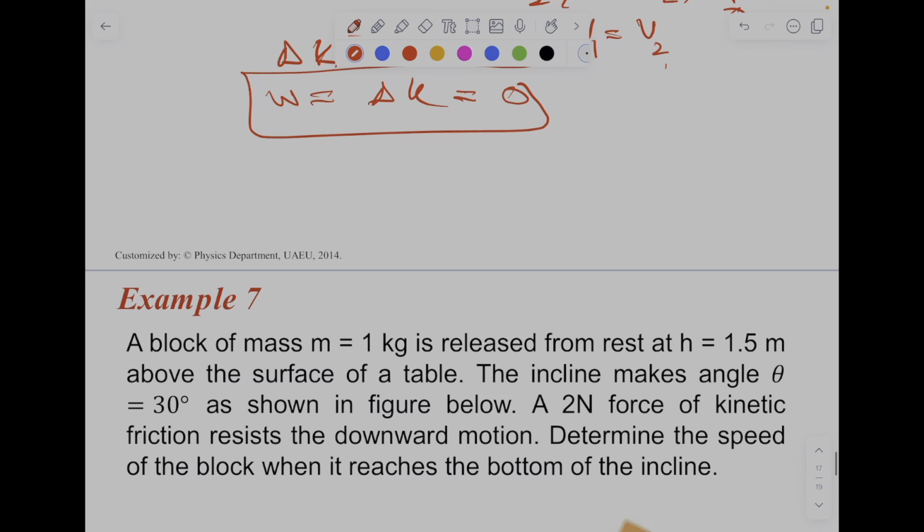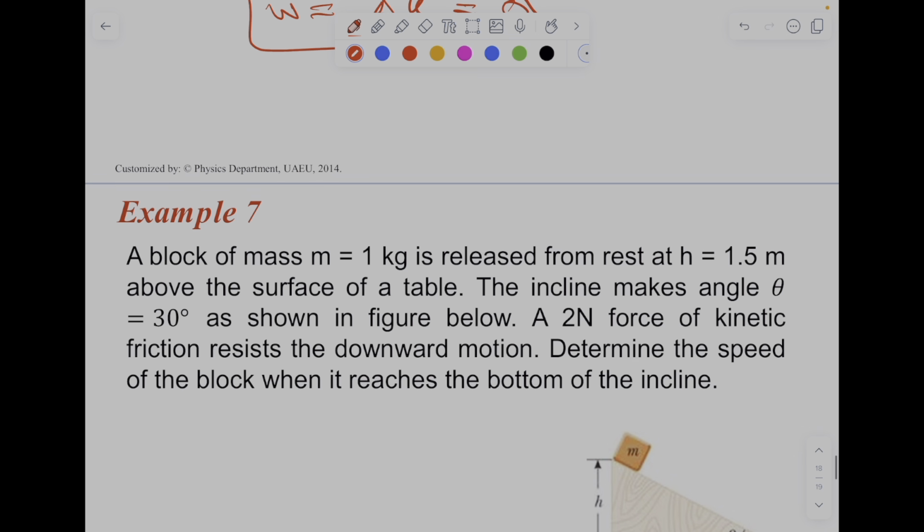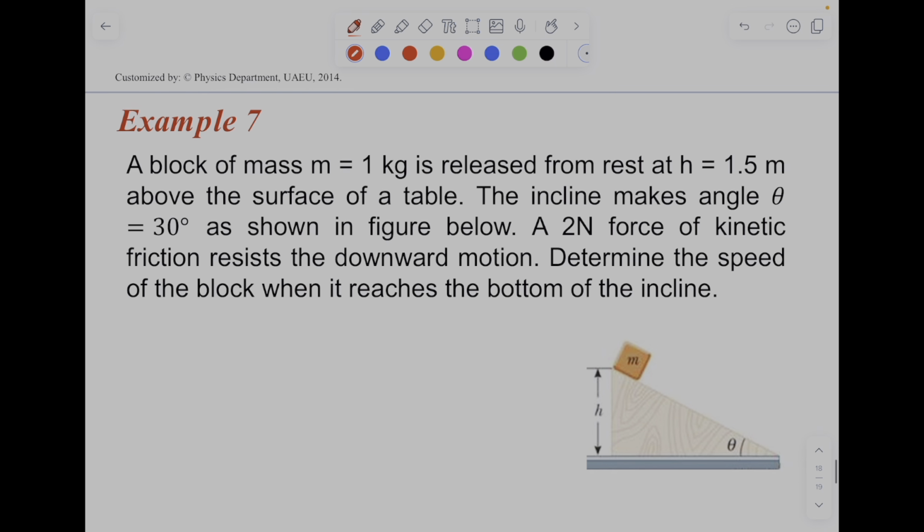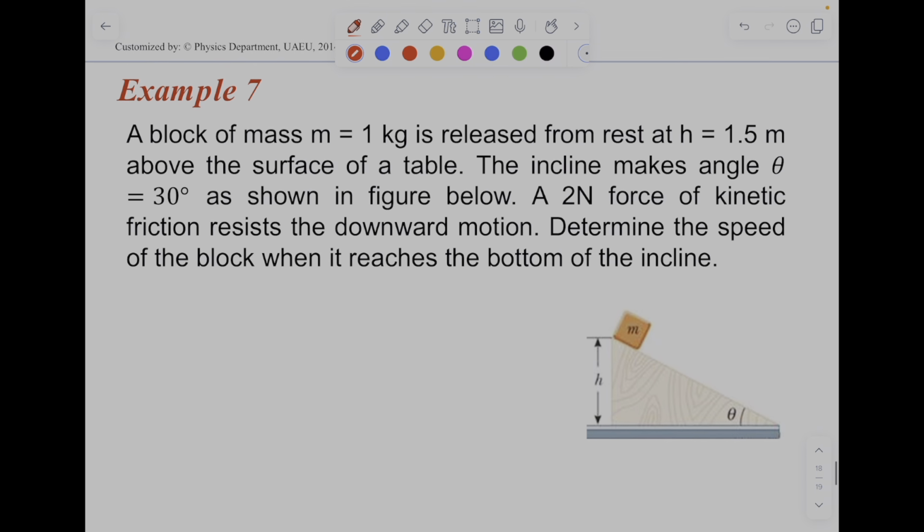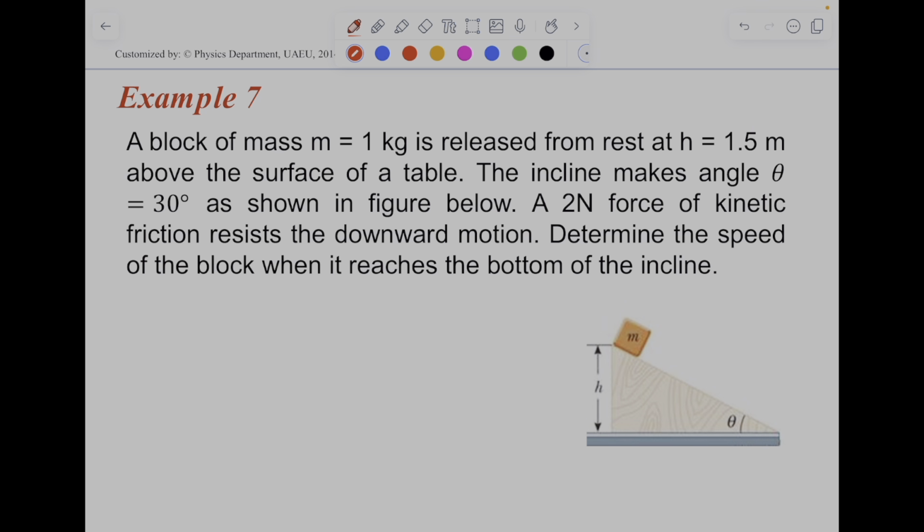So the last problem of this work and kinetic energy is this. A block of mass m, 1 kilogram, is released from a height above the surface of the table, on an incline making an angle theta of 30 degrees, as shown in the figure. It slides down. A 2 Newton force of kinetic friction resists the downward motion.